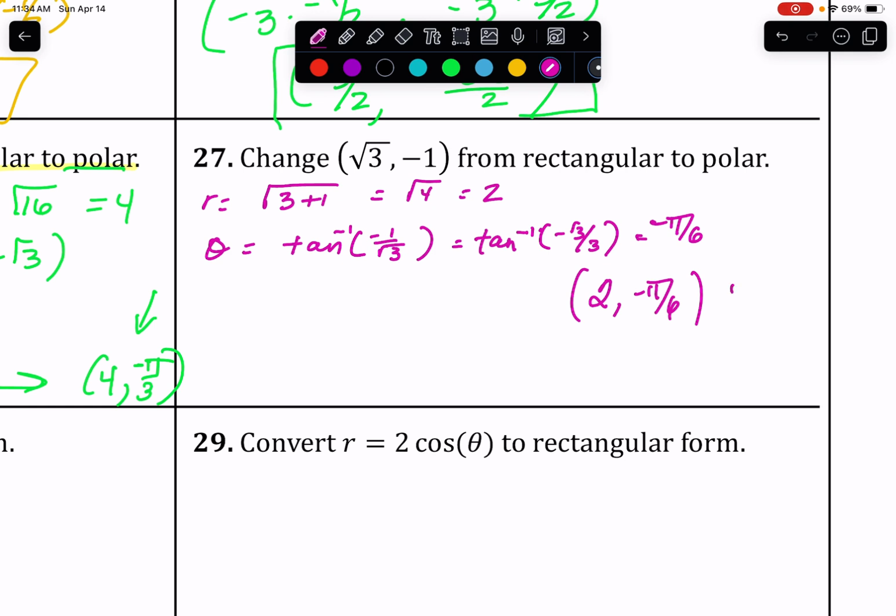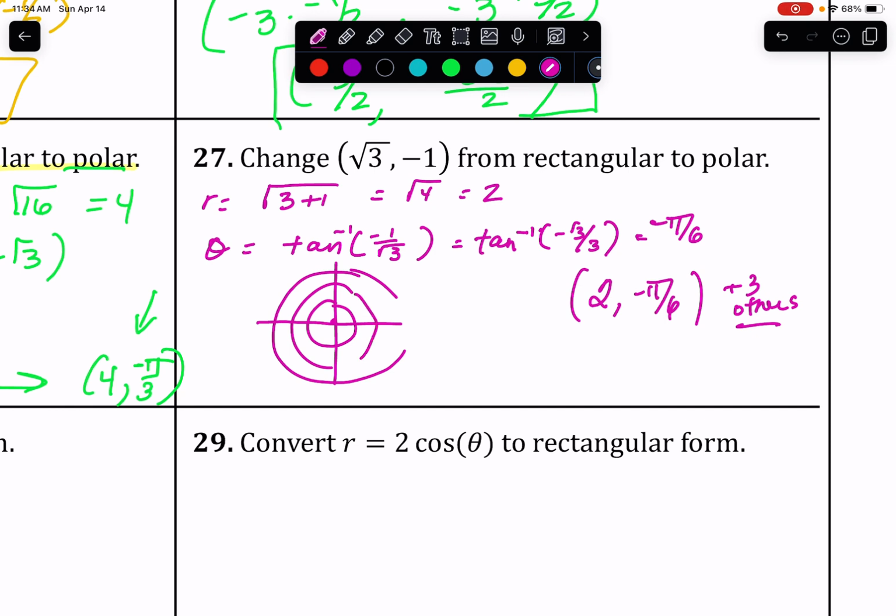And of course, there are 3 others. You don't have to write them for this question, but there are 3 others. Let's just do one so you know what we're talking about. So remember, if I have this as my pi over 6, so I'm at negative pi over 6, which is here, right? And I'm at 2. That's going to be where my point is, right?